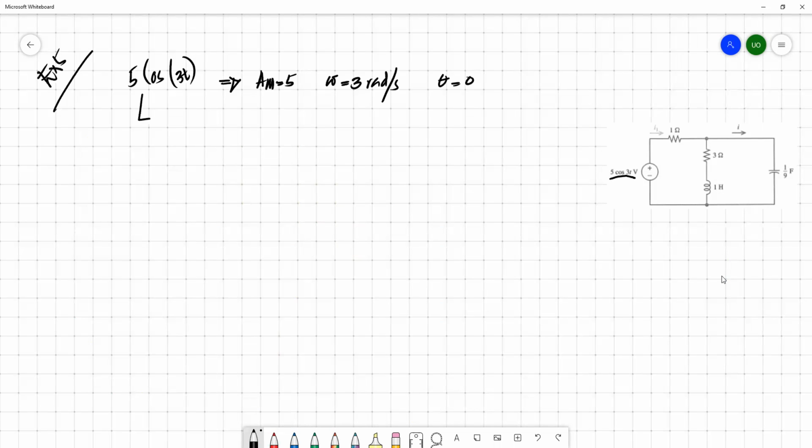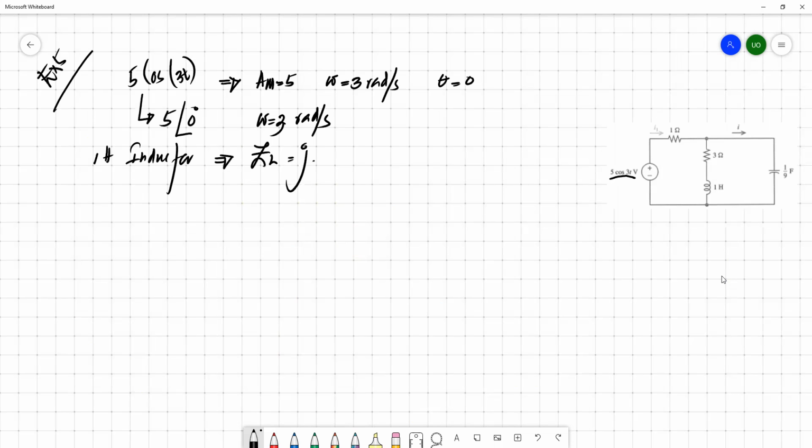So you can just convert this into 5, angle 0. And you know that the angular frequency is 3 radians per second. So the rest of the impedances and capacitances can be converted according to that. So we have a 1 Henry inductor. Once you convert it to impedance, j omega, now omega is 3 radians per second, L is 1 Henry, so this becomes 3j.